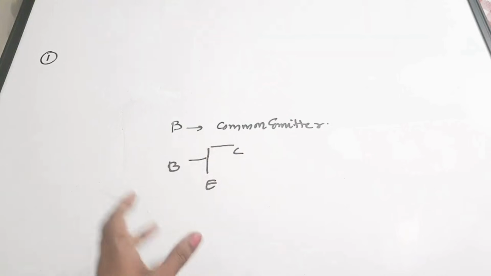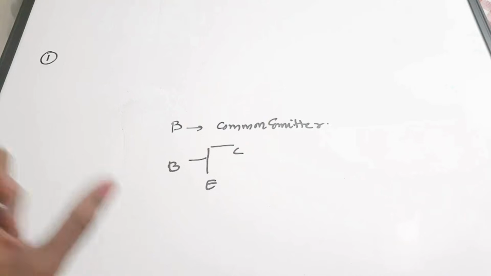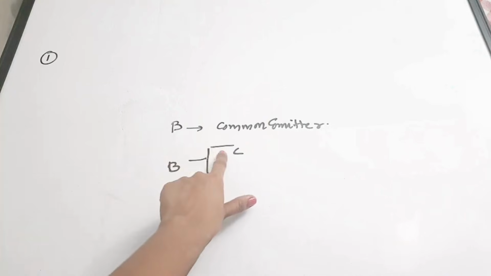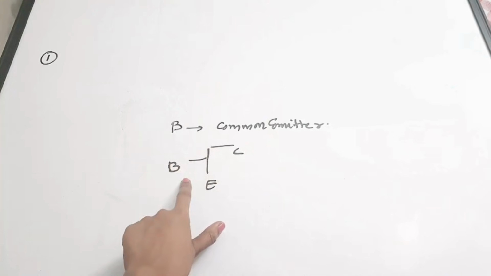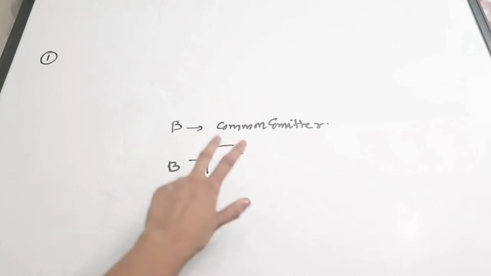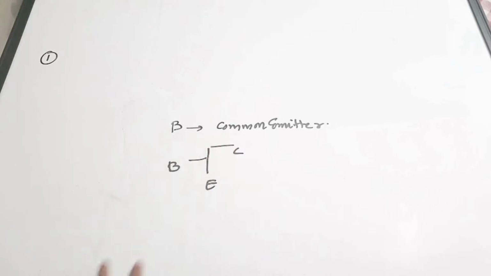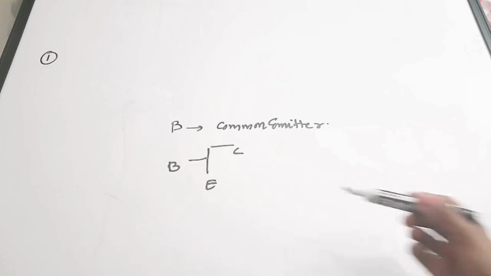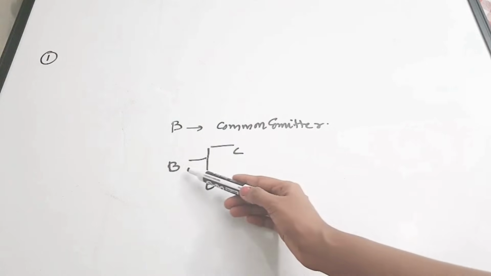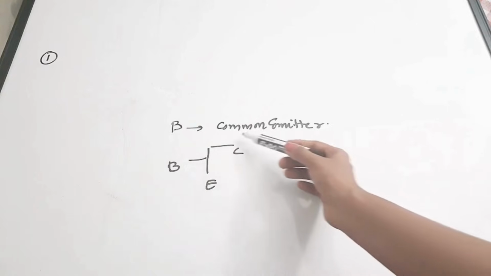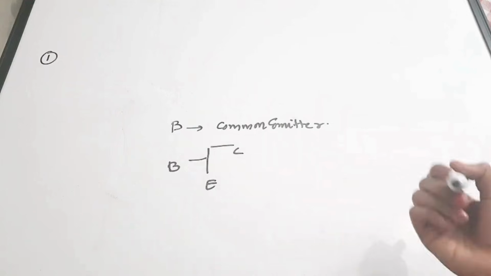In order to find the current amplification factor, you have to take the ratio of output current to input current. That ratio will give you the current amplification factor, or by what percentage the current is getting amplified. Here clearly the output terminal is the collector and the input terminal is the base, since it is a common emitter configuration.